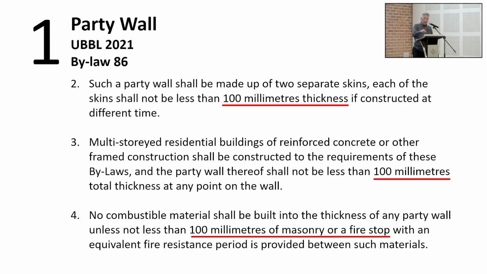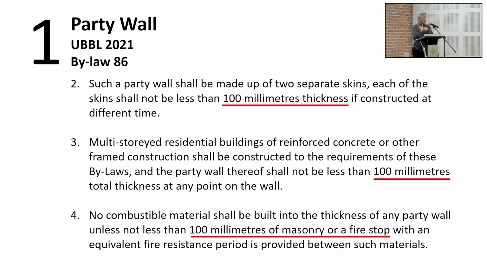Then again, clause 4, subclause 4: no combustible material shall be built into the thickness of any party wall unless not less than 100 millimeters of masonry or a fire stop or the equivalent fire resistance material of the equivalent fire resistance period is provided. Okay, so in summary, the key takeaway for the party wall is, first, there must be at least 100 millimeters thick of a material that is totally non-combustible, that is solid in nature.